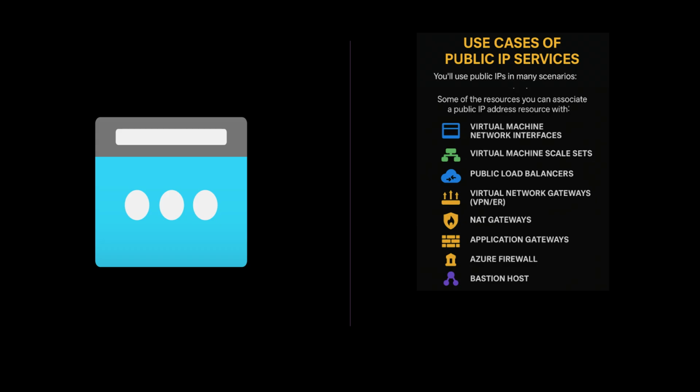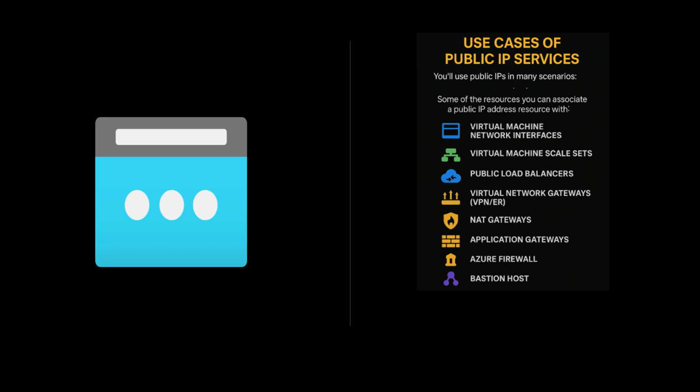For secure connectivity scenarios, you'll associate public IPs with virtual network gateways for VPN or ExpressRoute, or NAT gateways, which allow your private subnets to reach out to the internet without exposing each resource individually. Similarly, services like application gateways and Azure Firewall rely on public IPs to inspect, route, or secure inbound traffic from external networks. When you want to enable secure administrative access to your VMs, you'll use a Bastion host, which also requires a public IP.